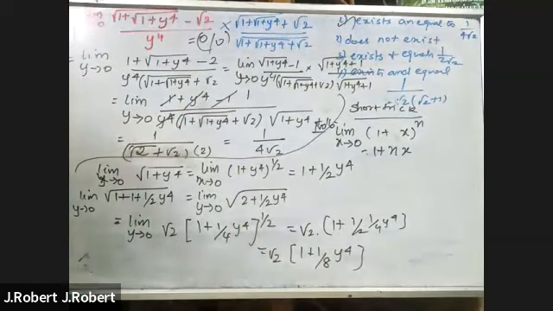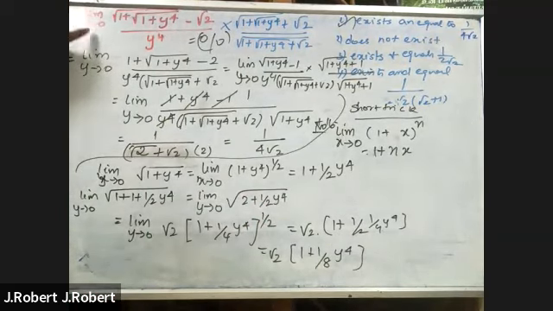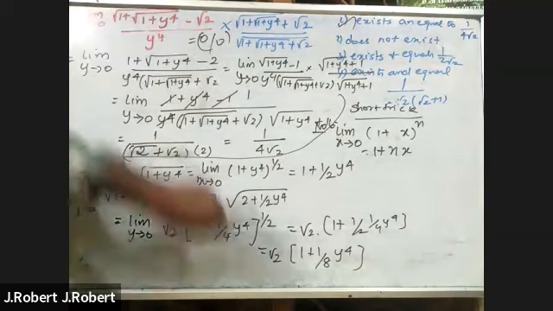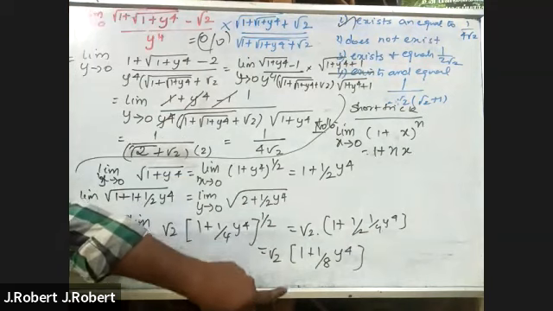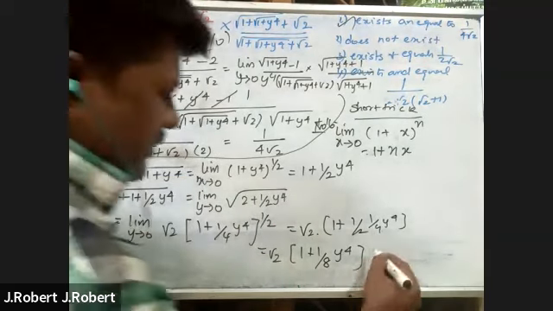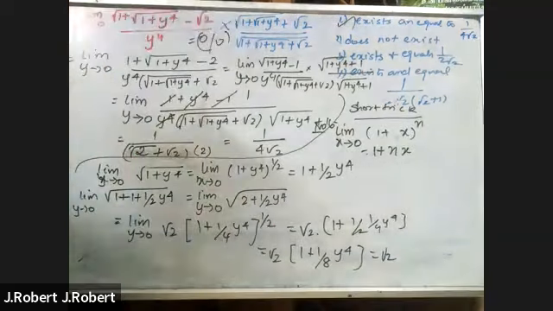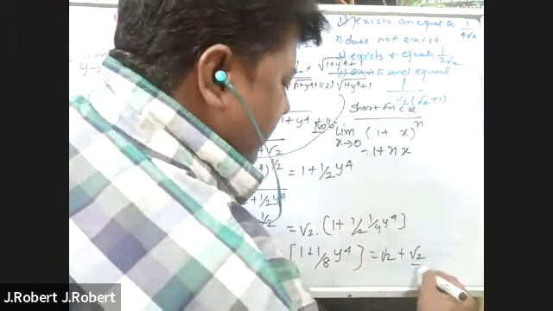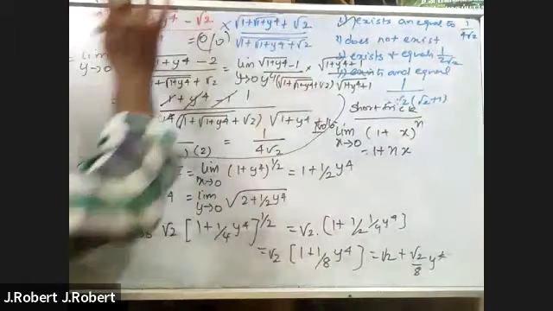Multiplying through, the value of the limit as y tends to 0 of the square root of 1 plus the root of 1 plus y power 4 is root 2 plus root 2 by 8 y power 4.